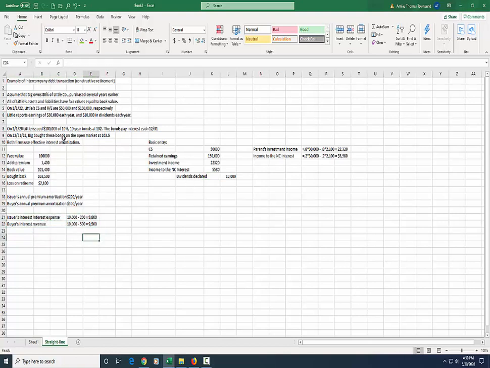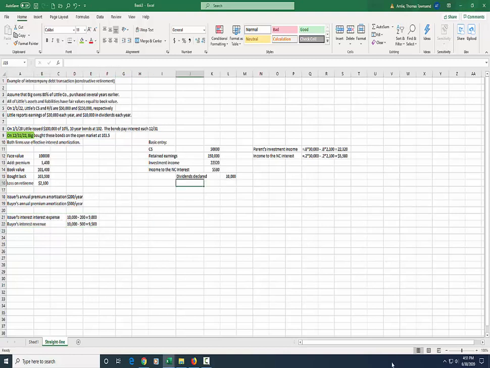Now here, this is another place where the date becomes critical. These bonds were purchased by the related party on December 31st, 2022. That means that in 2022, there was no intercompany interest expense or revenue. The interest expense that Little incurred in 2022 was paid to some external third party, and we want to leave that alone. We're not going to start eliminating the interest revenue and the interest expense until next year.